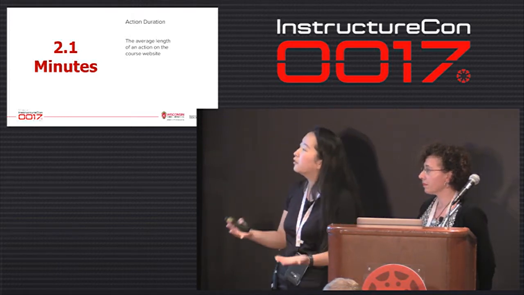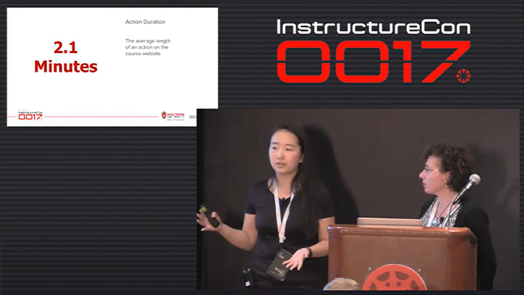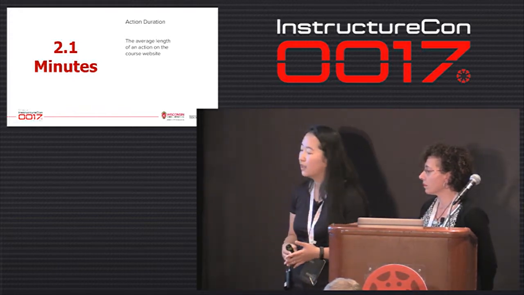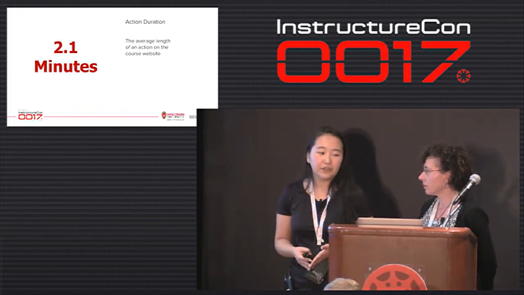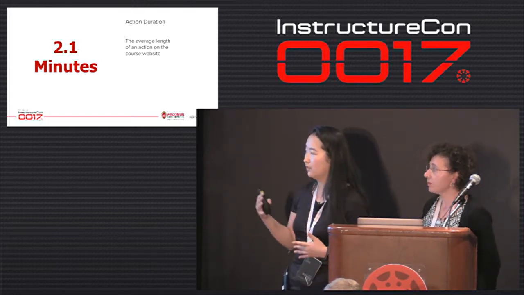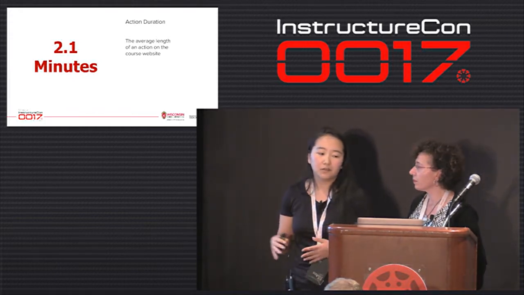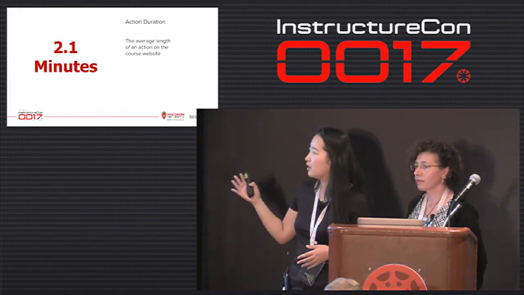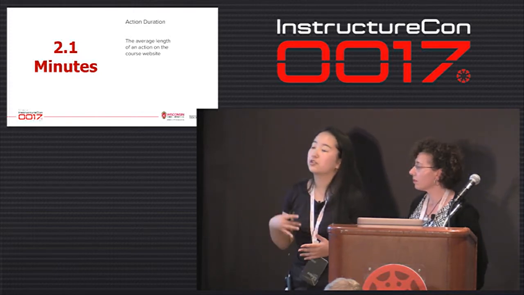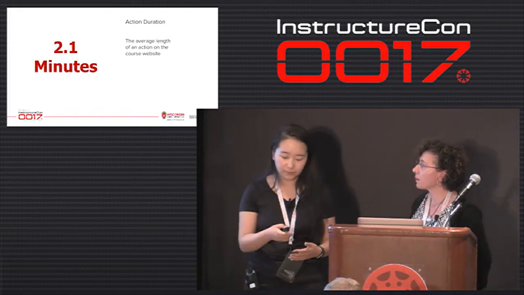I want them to be here longer because there's so much to do. But if a course is set up only as a file repository, not that it's recommended, then 2 minutes is really long for a student to find something and download that file. So that is why we didn't want to pass judgment on the number, and the instructor should reflect on their course and this number to see if it makes sense.